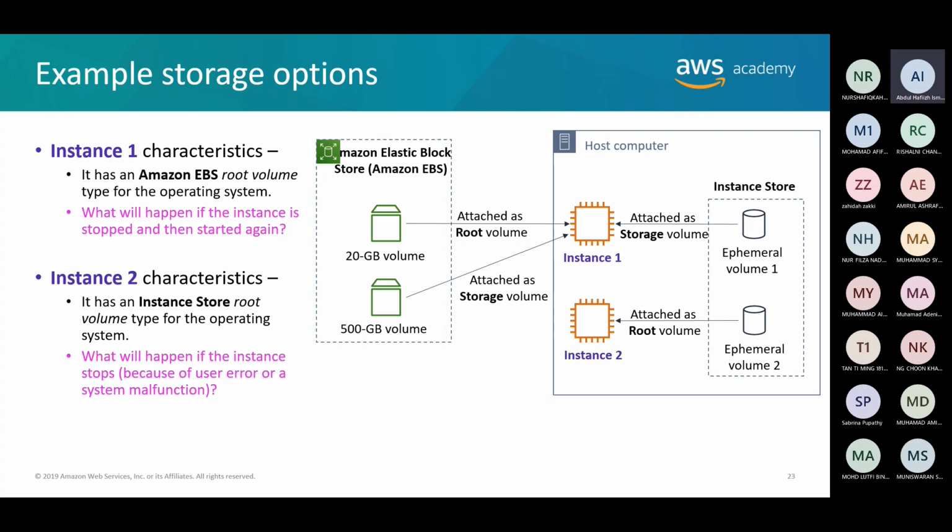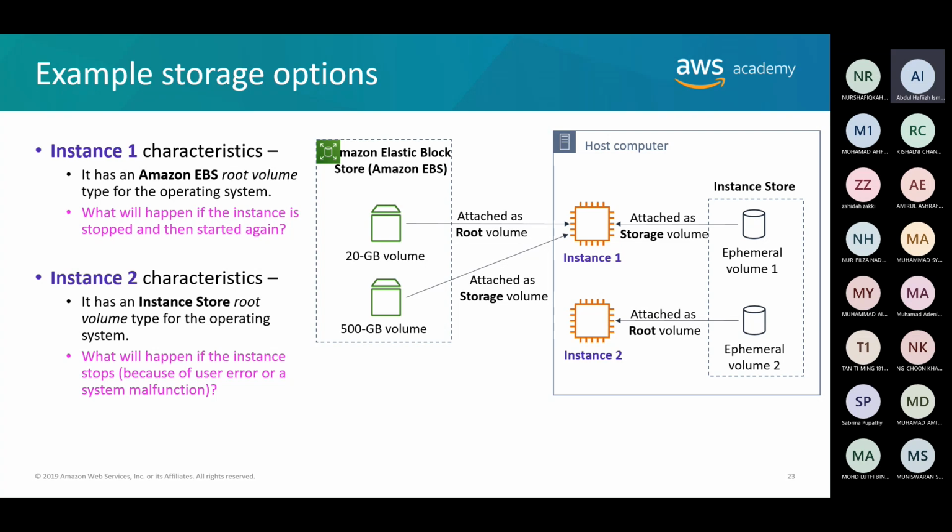So dalam kes ni, untuk instance 1 ni the root volume dengan EBS. Dalam instance 2 ni root volume dia dekat dengan instance store. So dia tak boleh stop. It can only be terminated. However, it could be stopped from within the instance or OS, for example, by issuing a shutdown command.